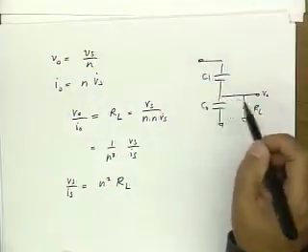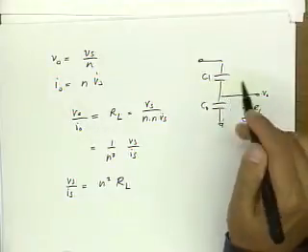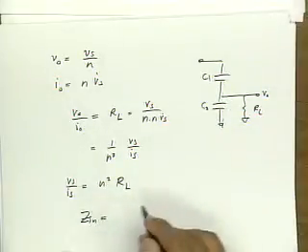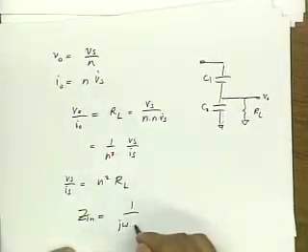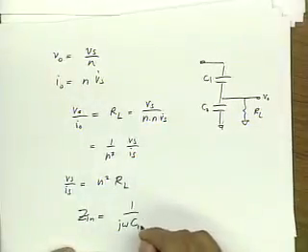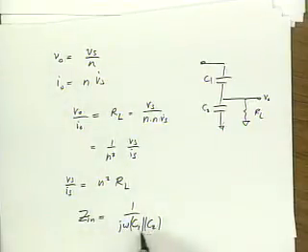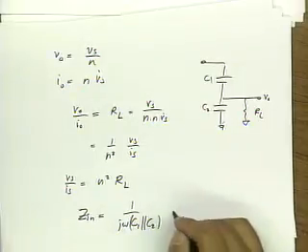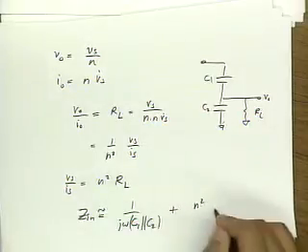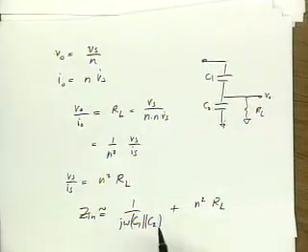Now remember, we started out by saying the capacitance part actually dominates. So really, Zin looks like the series capacitors, so it's 1 over j omega C1 C2 series combination. This is the operator, not necessarily two caps in parallel, plus N squared times RL. Okay? And this is kind of inconvenient, right?